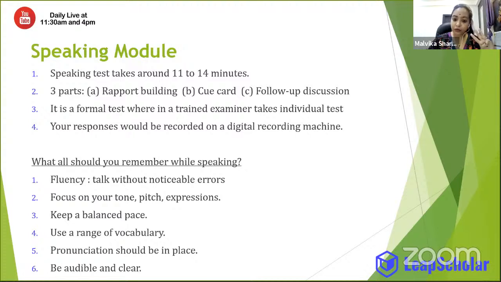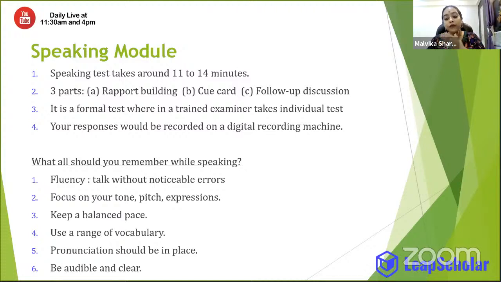The last round is a follow up discussion round. Now, why do I call this one a follow up? Because whatever card you might get in your part 2, you will get questions related to it in a much broader, more general, more abstract way in your follow up round. For example, if you get a cue card on a particular trip that you went to, this particular trip is a specific area that you have to talk about.